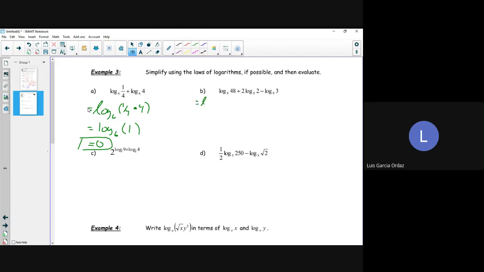So we got log base 8 of 48 plus log base 8 of 2 to the 2 minus log base 8 of 3. And we know 2 to the power of 2 is just going to be 4. So we get log base 8 of 4 minus log base 8 of 3. So what would our next step be?